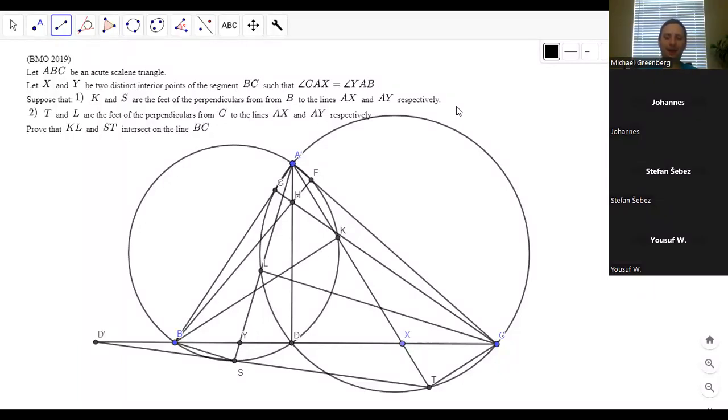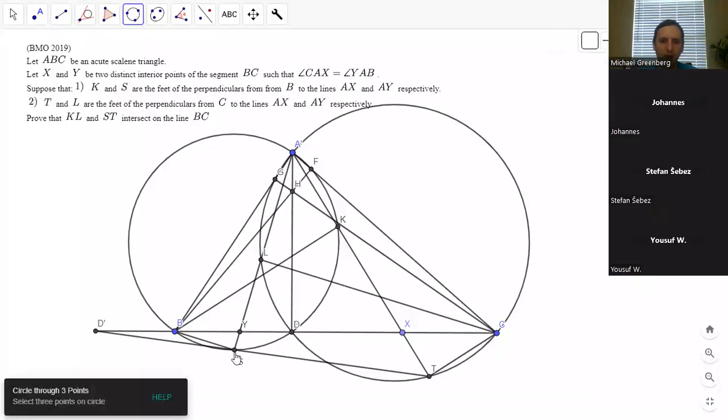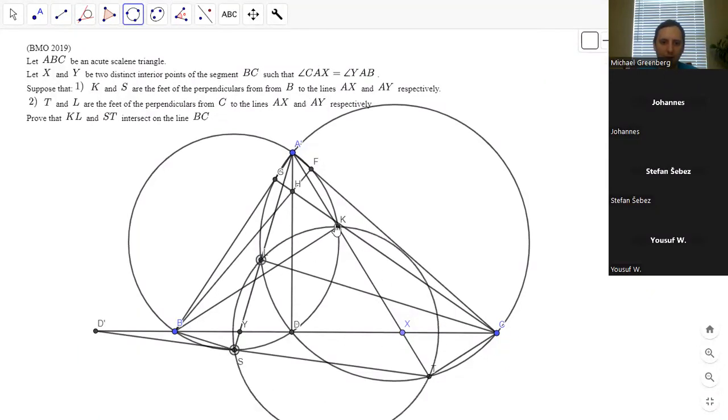Oh, I think that's yes. So I think by just using a bunch of similar triangles, we could show LSKT is cyclic. And then Johannes, you said that would solve it, right? Yeah, but I was wrong. That shows that SK and LT concur on the altitude, but we wanted that YK and LX concur.